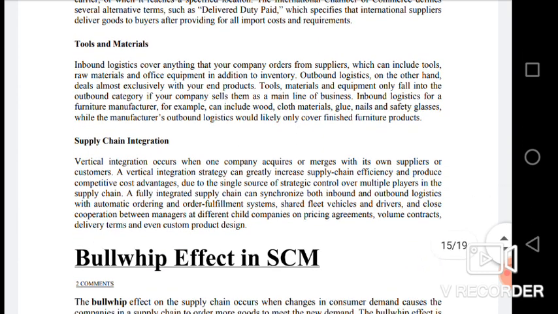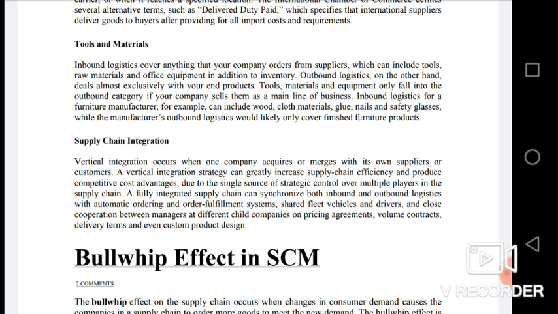Next point is tools and materials. What kind of tools and materials do we require in the case of inbound and outbound? Inbound logistics covers anything that your company orders from suppliers. Whatever we order from the supplier, it can be tools, raw materials, office equipment, anything. And outbound logistics deals with the end products.